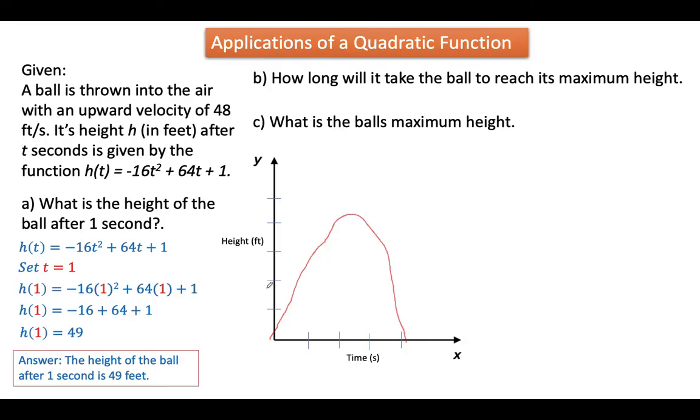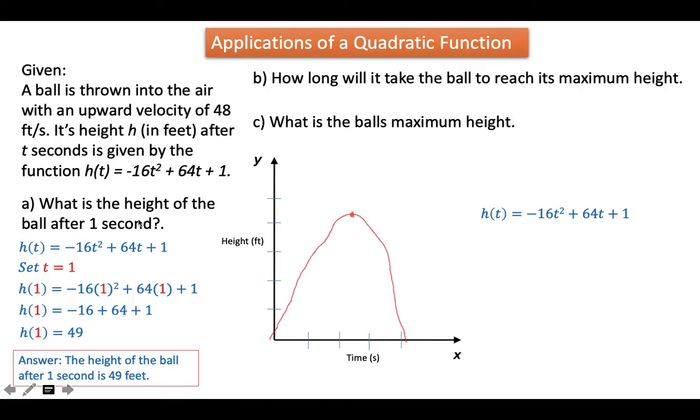So normally the parabola opens downward. So in our question, how long will it take the ball to reach its maximum height? Remember, the maximum height of a parabola is the vertex itself. So it means if we will get the vertex, we will also get the maximum height and the time when it reaches its maximum height.